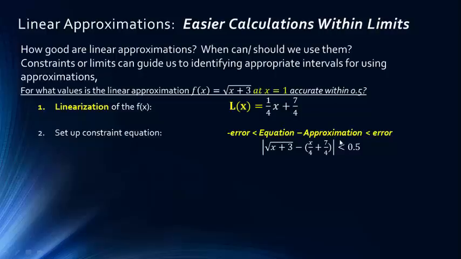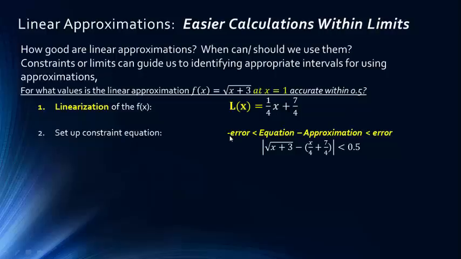That's the error. So if my original equation said that when they put in the value 1, they get 4, but when I put in the value of 1 in my approximation, I get 3, then my error is off by 1, right? 4 minus 3 is 1, okay? So we want the difference in the actual versus approximation to be less than or equal to 0.5.